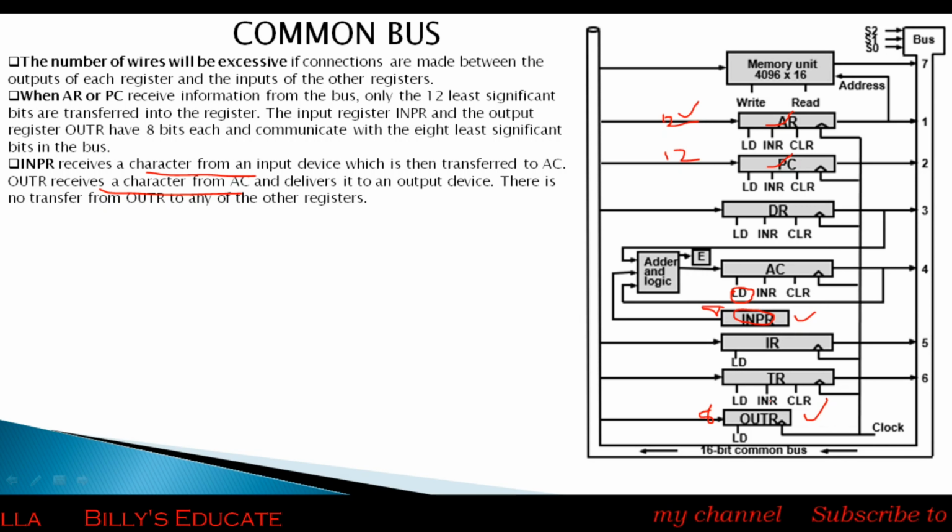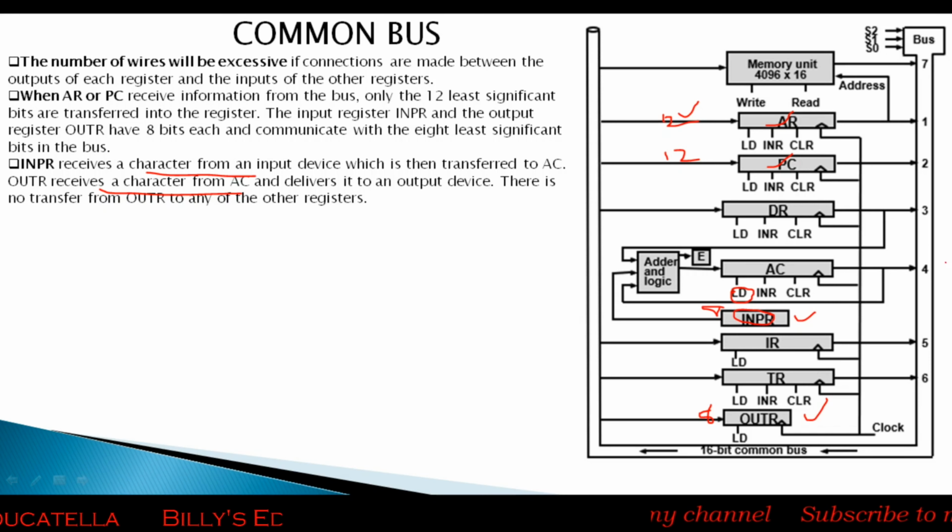The whole data in the accumulator which has to be sent as output to the user is sent to the common bus and then to the output register. There is no transfer from the output register to any of the other registers. The output register doesn't give any output to the common bus. It gives the output directly to the user itself.